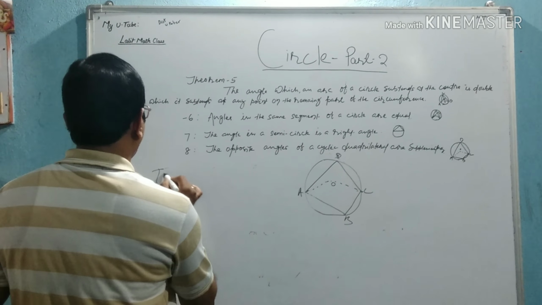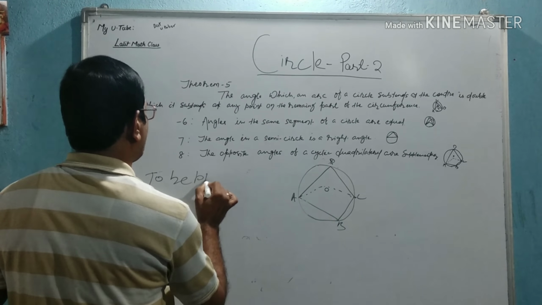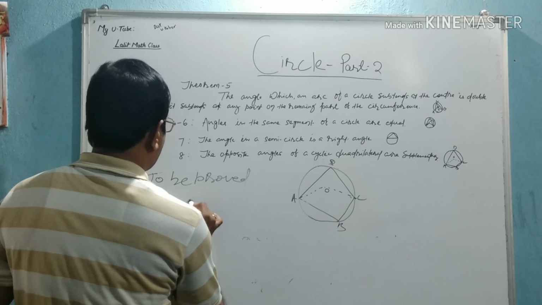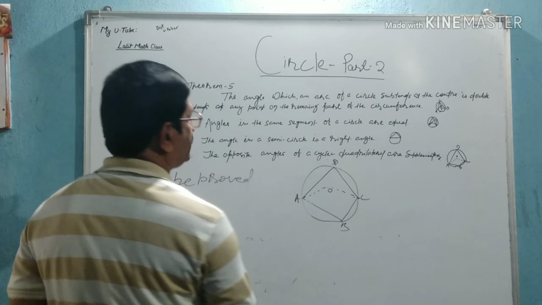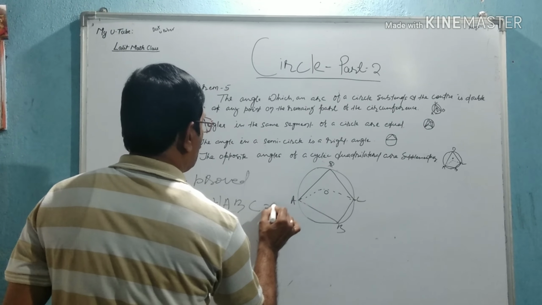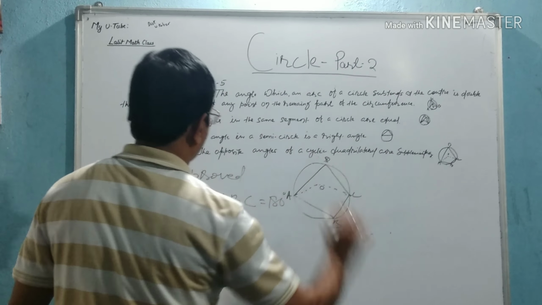So to be proved, angle ABC plus angle ADC equals 180 degrees.